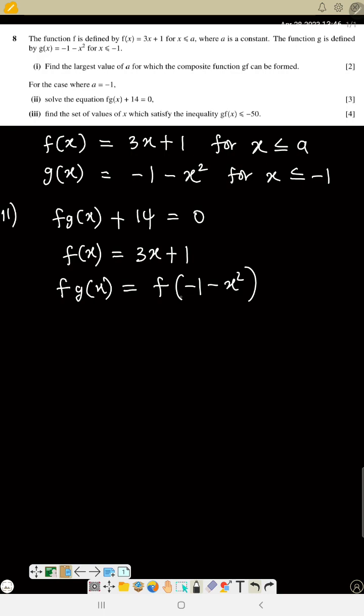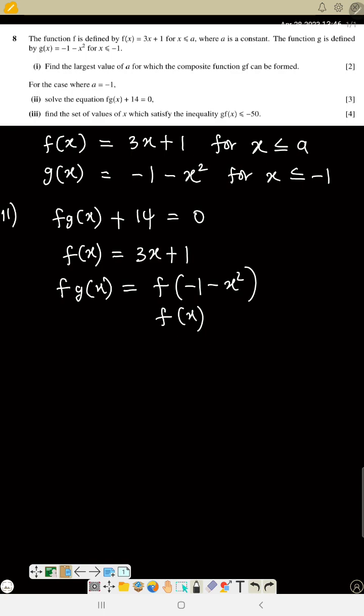So now compare this with your f of s. If you compare this with f of s, it means s is minus 1 minus s squared. So now anywhere you see s in f of s, you can substitute minus 1 minus s squared.